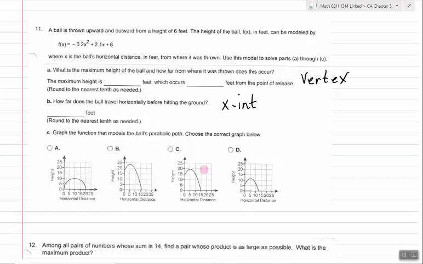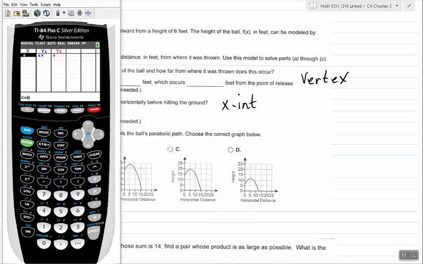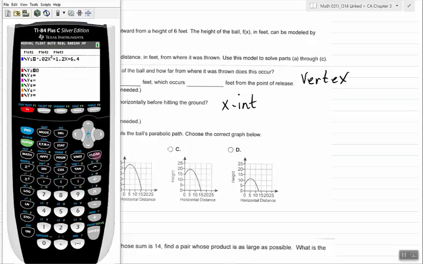All right, so let's go to our grapher. Go to y equals, clear this out, and type in negative 0.2x squared plus 2.1x plus 6. I don't know if I've got a decent window, so I'm going to go to a zoom 6.